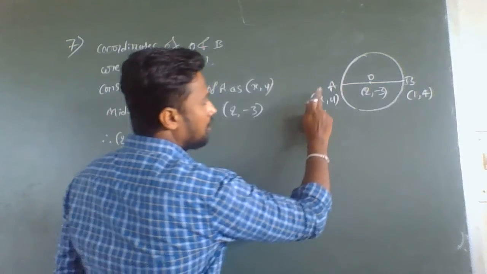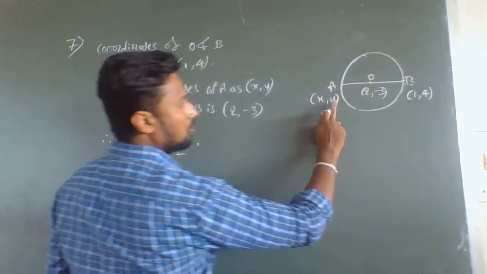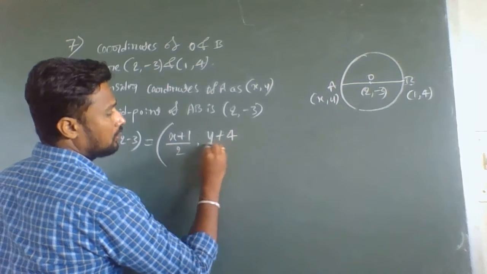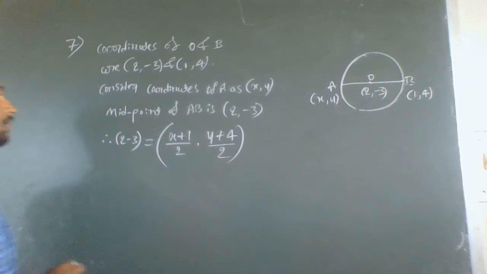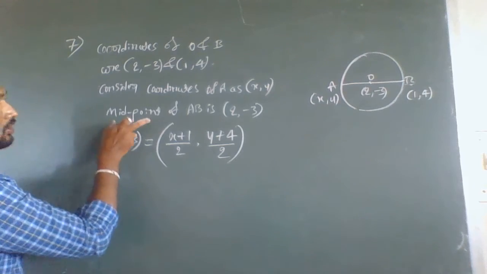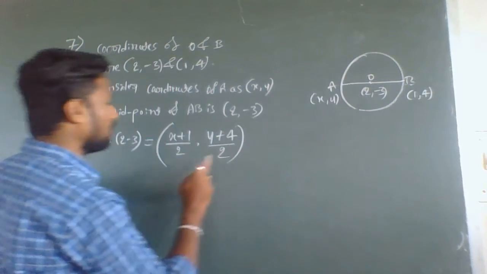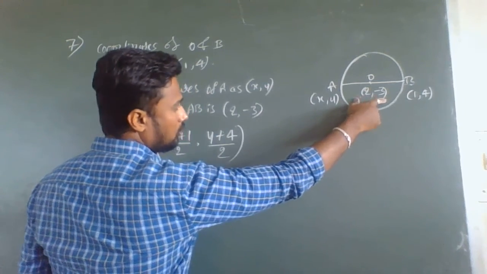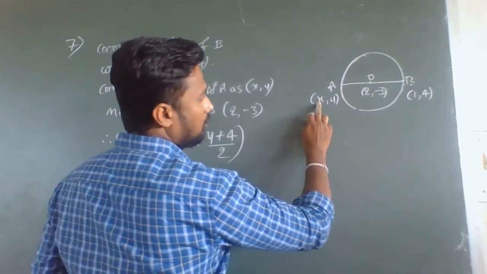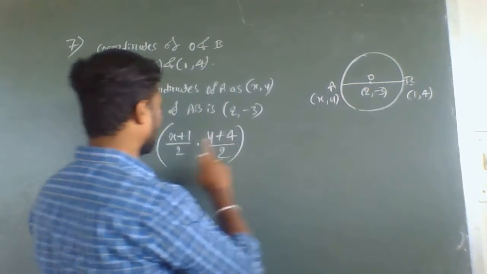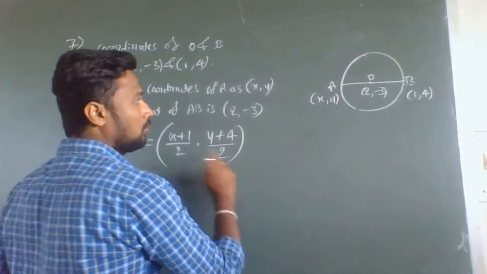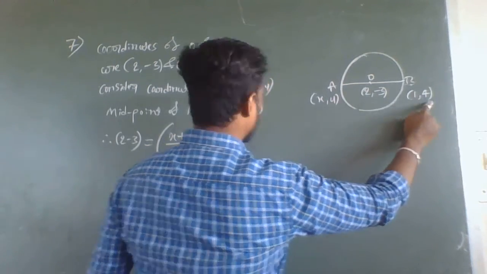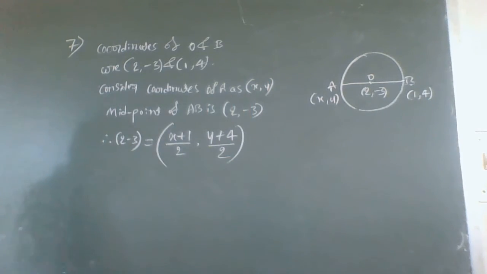Next, the y coordinates of A and B, y plus 4 divided by 2. Because O is the midpoint of AB, the coordinates 2 comma minus 3 should be equal to the sum of the two x coordinates divided by 2, and likewise the sum of the y coordinates divided by 2.